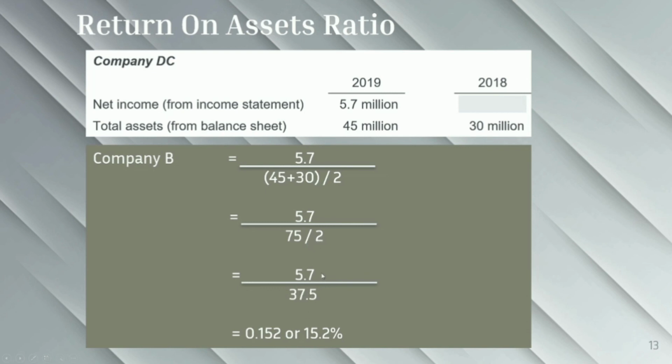Now divide 5.7 by 37.5. So 5.7 divided by 37.5 is equal to 0.152, multiplied by 100, so 15.2%. Don't forget that in order to get the percentage, we need to multiply it by 100.